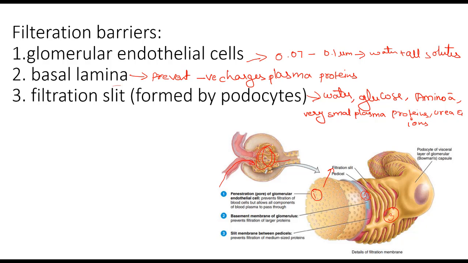Okay, so if it is filtering everything, these will be the final products: water, glucose, amino acids, and very minute plasma proteins, smaller than 0.0062 to 0.007 micrometer. Only if the plasma proteins are smaller than this pore size will they come out, along with urea and ions.